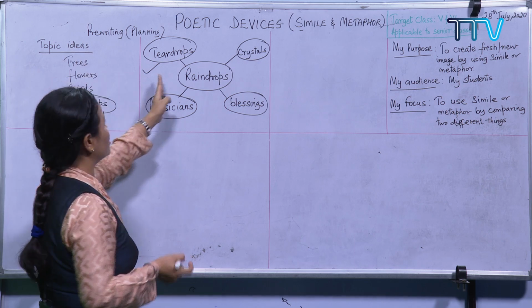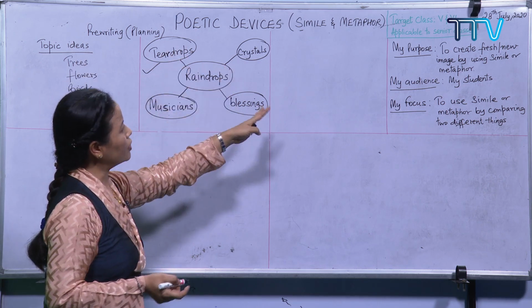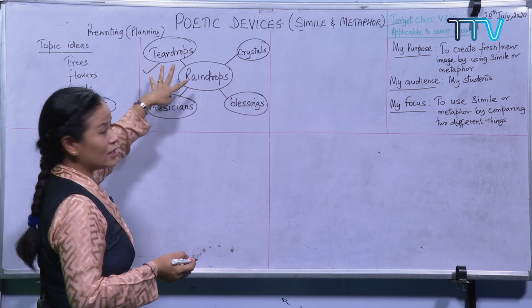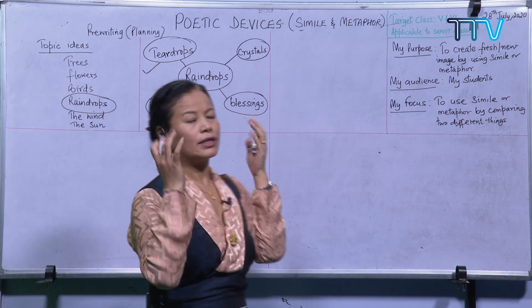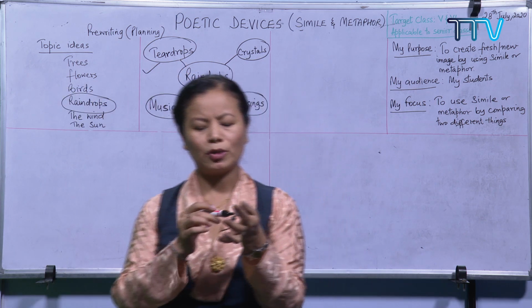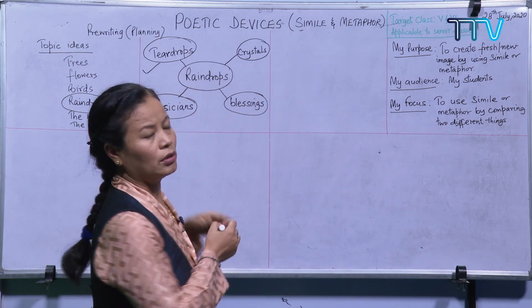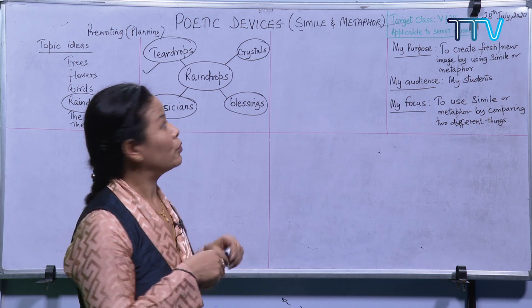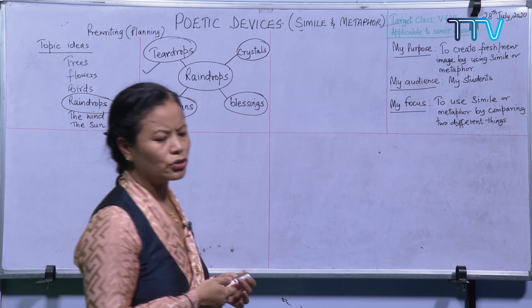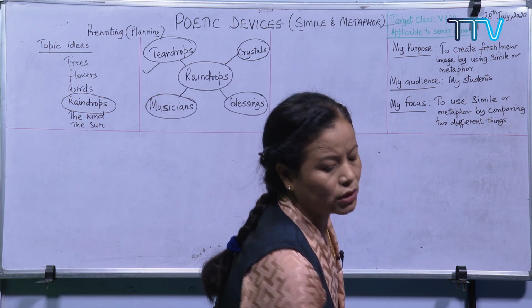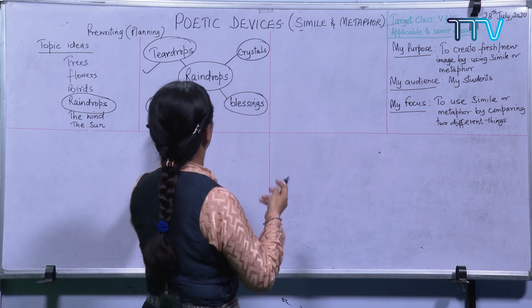Next, this is the pre-writing stage, the strategies. Once you have decided this, you have to think of strategies, how you are going to come up with the points that will help you compare raindrops to teardrops. I need to look at time as well.